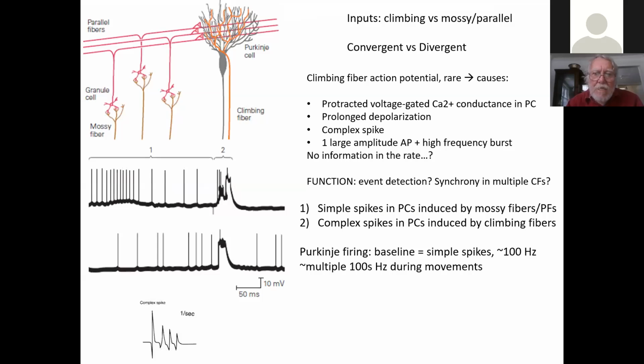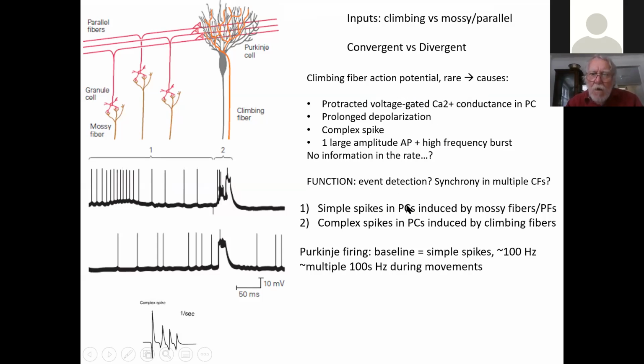And in this slide, I'm just not going to go through this that much because it really gets into Beeler's area of the neurophysiology. What you can see is that climbing fiber action potentials basically produce activation and excitation through calcium conductance and prolonged depolarization, producing a complex spike.